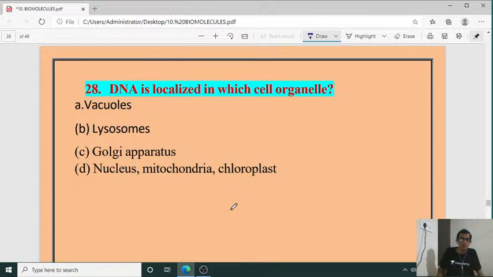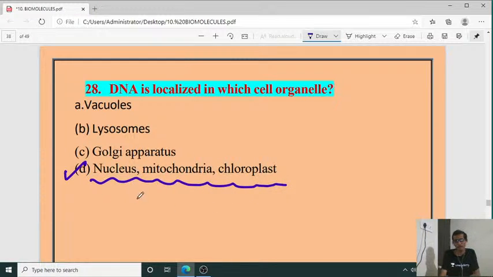Question: DNA is localized in which cell organelle? The options are vacuoles, lysosomes, Golgi apparatus, then D, nucleus, mitochondria, chloroplast. So here we can observe the presence of their own DNA.